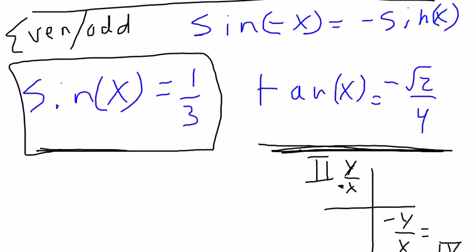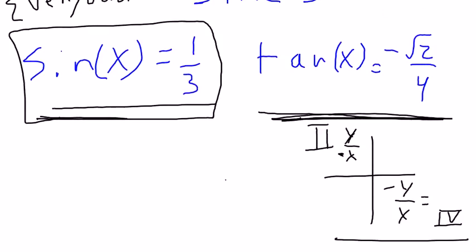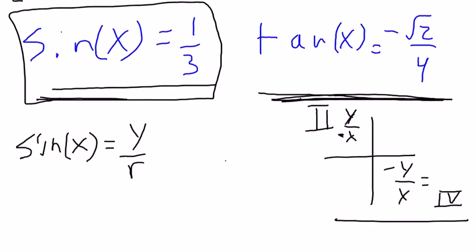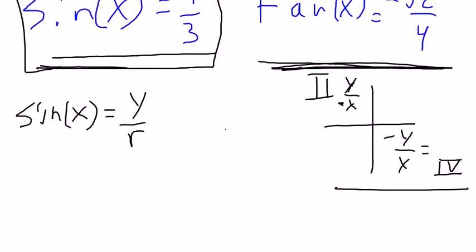Well, sine of x is 1/3. Sine of x is the y value over the r, or opposite over hypotenuse. If we were in the fourth quadrant, the y would have to be negative.